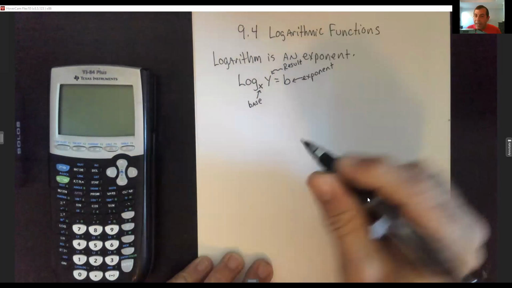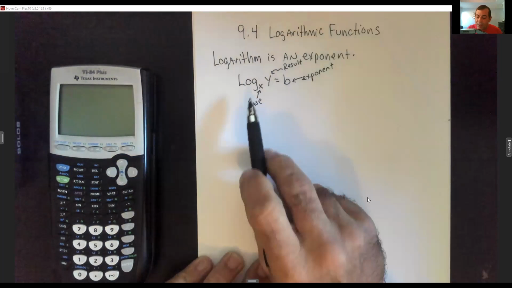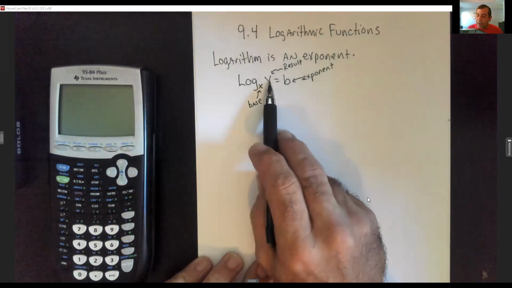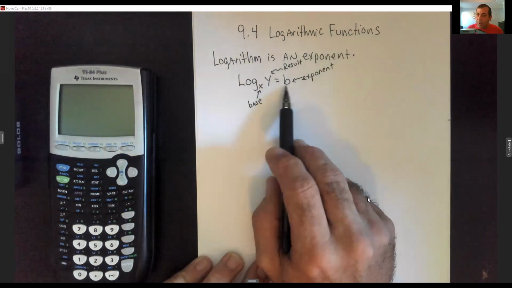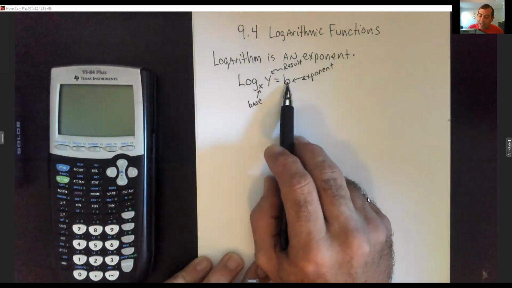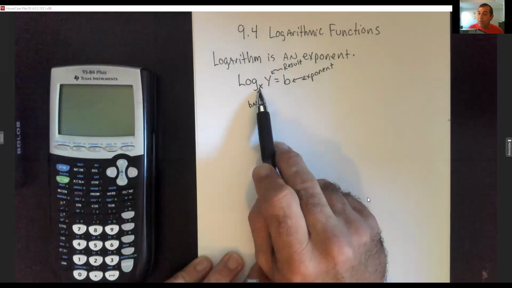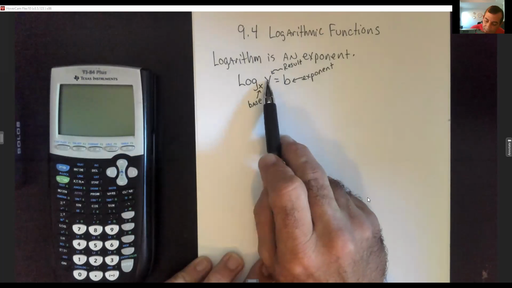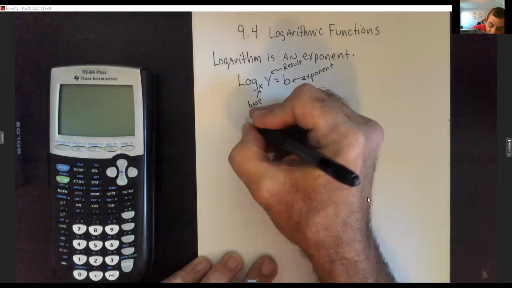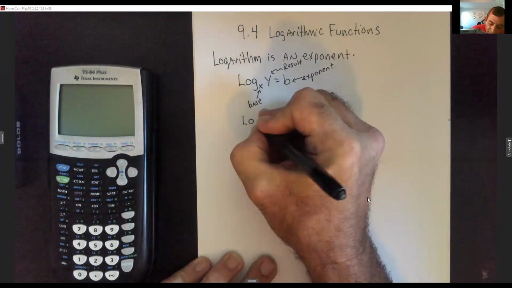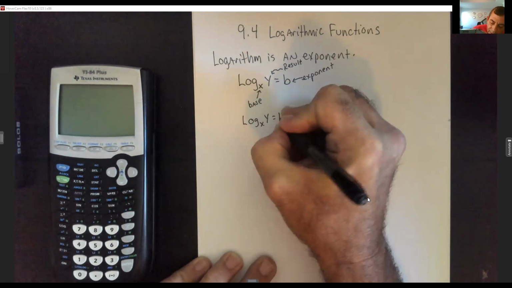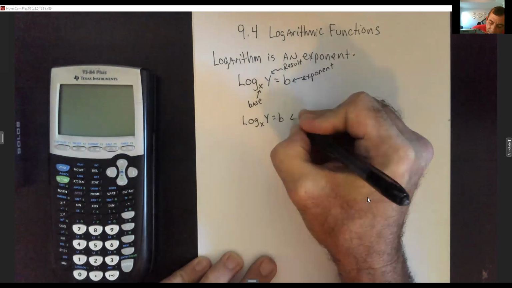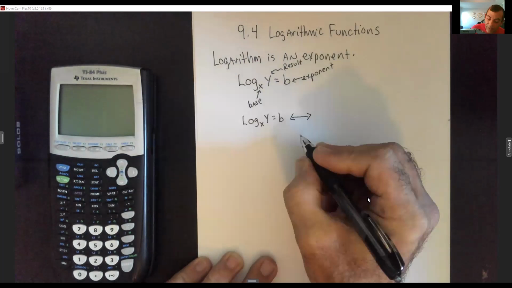So if you take the log of a base to get this result, what's going to be found is the exponent that it took to raise X to get Y. Okay, so watch this. Log base X of Y equals B. This arrow means if and only if.